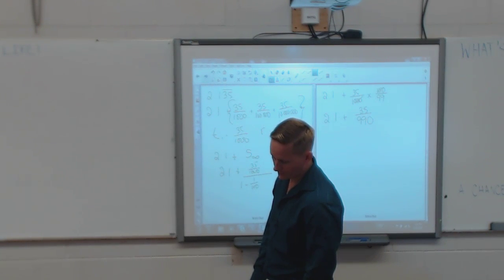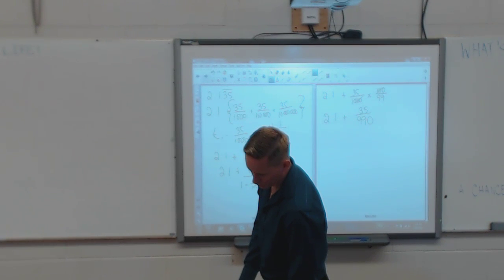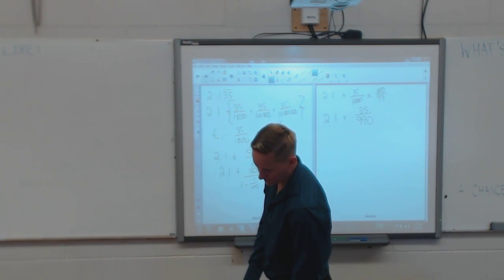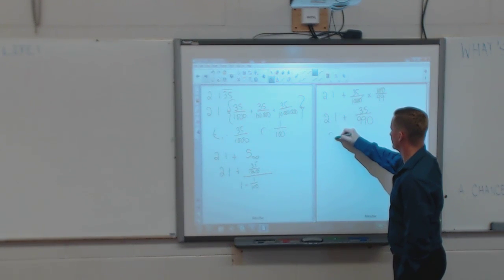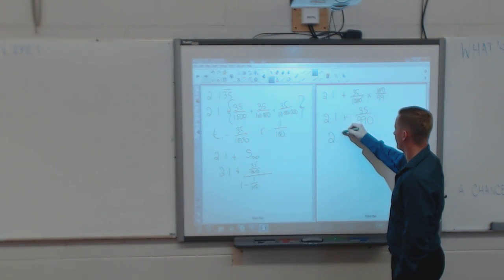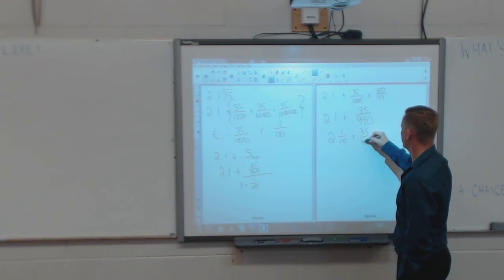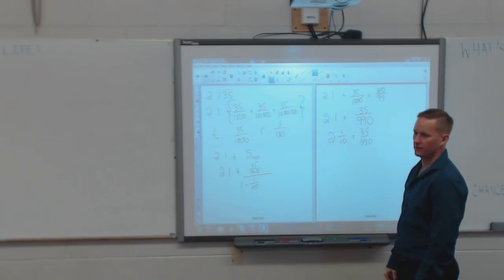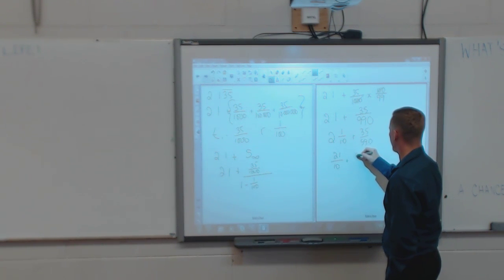So it wants it as an equivalent fraction. So I have 2 and 1/10 plus 35 over 990. So that's 21 over 10 plus 35 over 990.